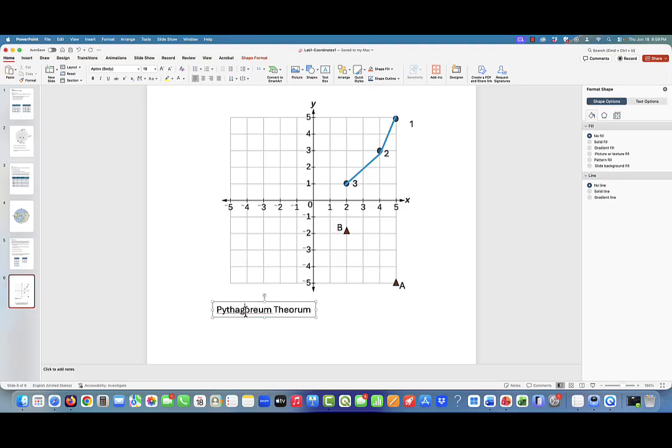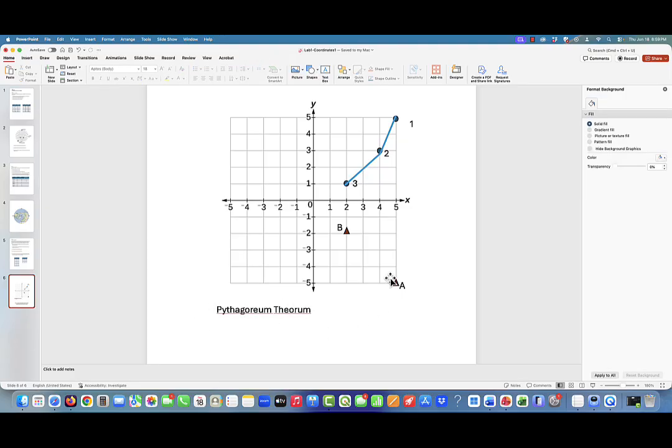What that says is that if we take the distance in the x direction and square it, plus the distance in the y direction and square it, that's going to equal the distance we would travel if we just went straight between those 2 points.